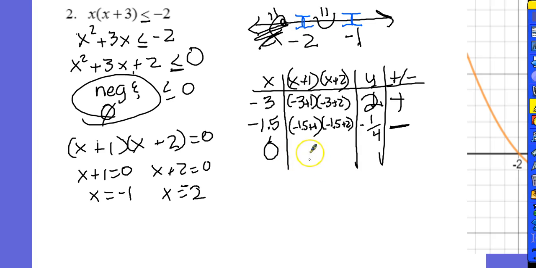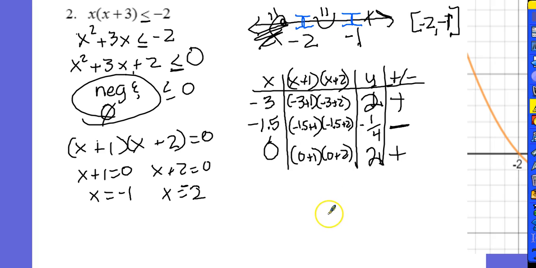And then if I plug in a 0, I always get my C term, which is 2, because 0 plus 1 times 0 plus 2 is 1 times 2 is 2. And that's positive, and I don't want that. So my solution is -2 to -1. Oh, I don't have time to do the second chart.